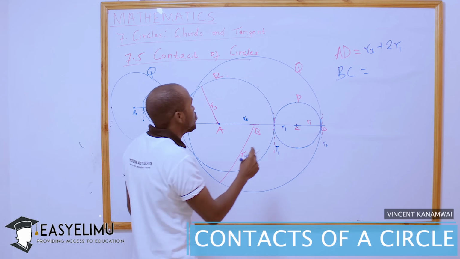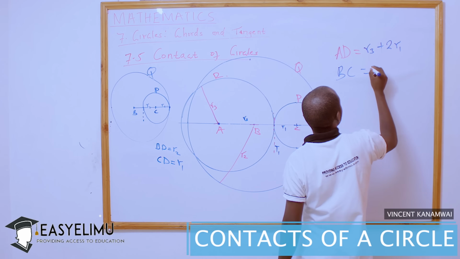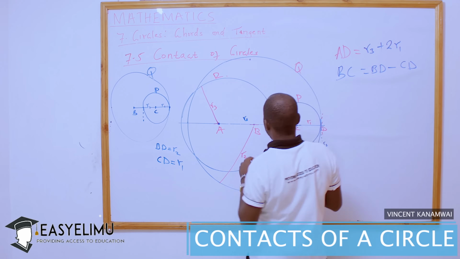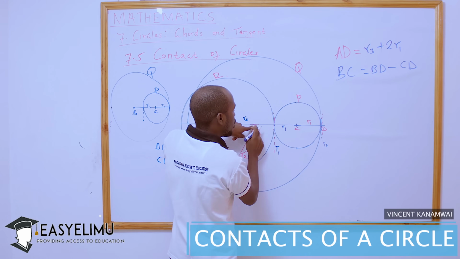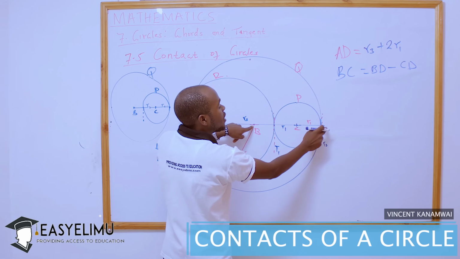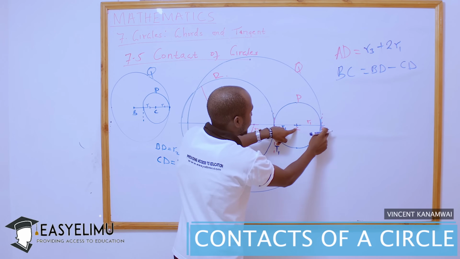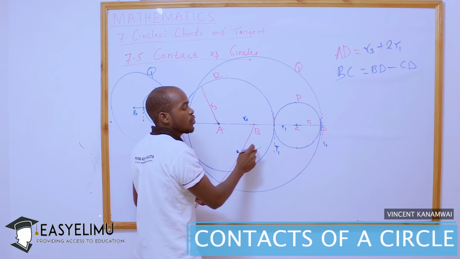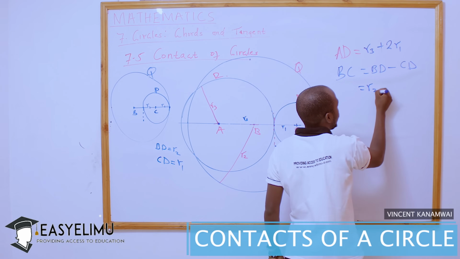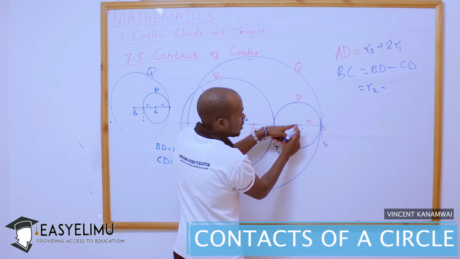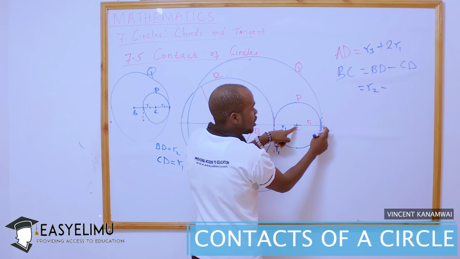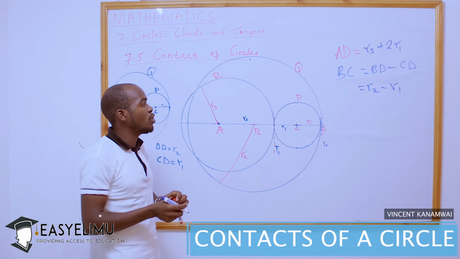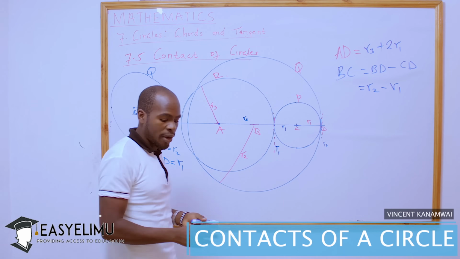If you want to find BC, you need to take BD, then you subtract CD. BD is R2, as we can see. So it will be R2 minus the distance from C to D, which is R1. If you subtract R1, you are going to get BC equal to R2 minus R1.